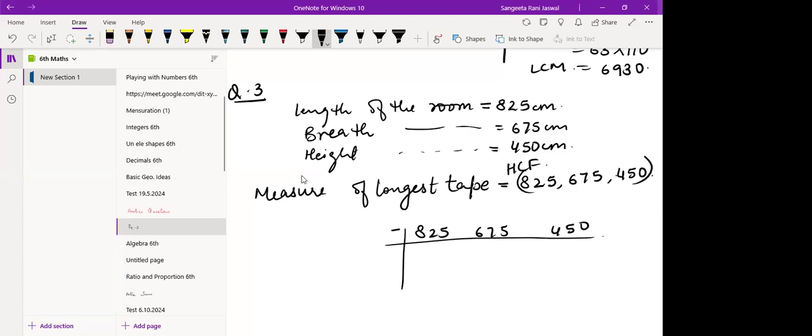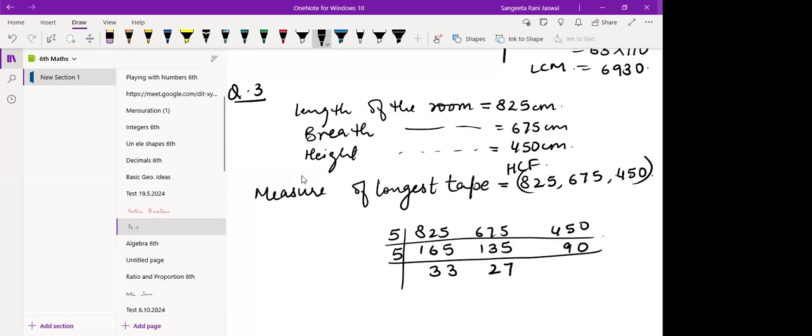So they all will go with 5. We are choosing the prime factors here. 5 ones are 5, 5 sixes are 30, 5 fives are 25. 5 ones are 5, 5 threes are 15, 5 fives are 5, 5 nines are 45 and 0. Then again we can do with 5. So 5 threes are 15 and 5 threes are 15. 5 twos are 10 and 5 sevens are 35.